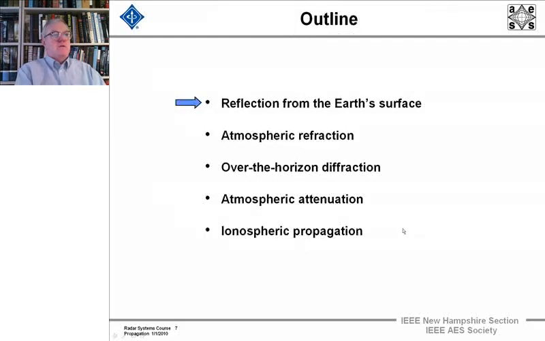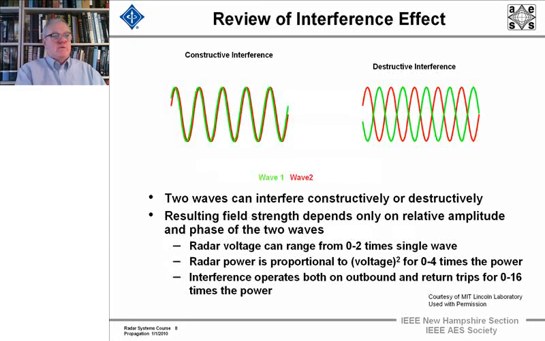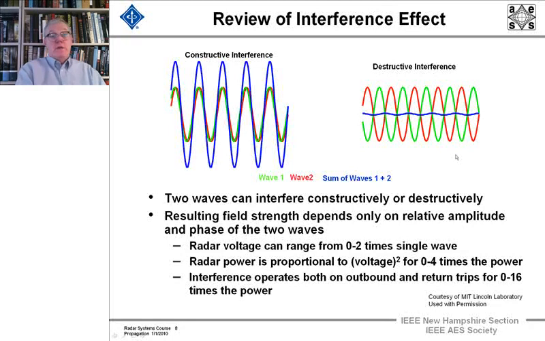Now let's look at reflection from the Earth's surface. This is a trivial view graph. All it points out is that here we have wave 1 and wave 2 in two different colors. Here, if they're together, and this is the amplitude as a function of time of a sine wave, they can add constructively, or they can add destructively if they're out of phase by pi. And here are the additions.